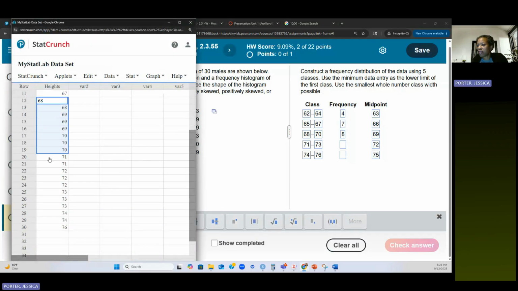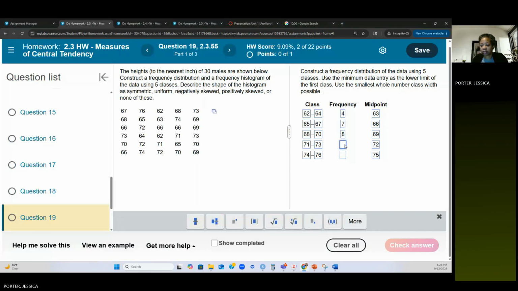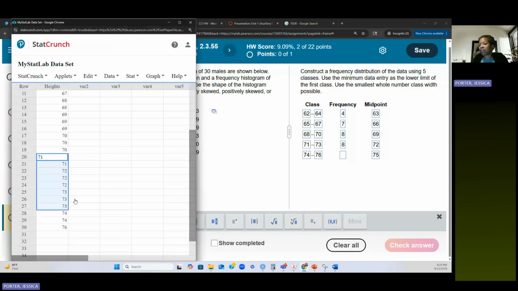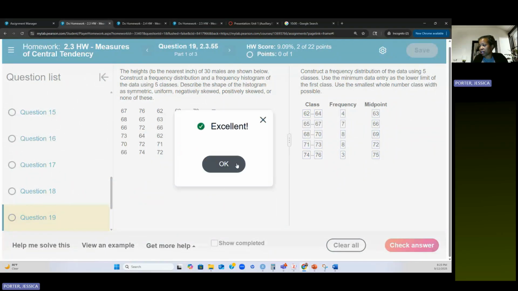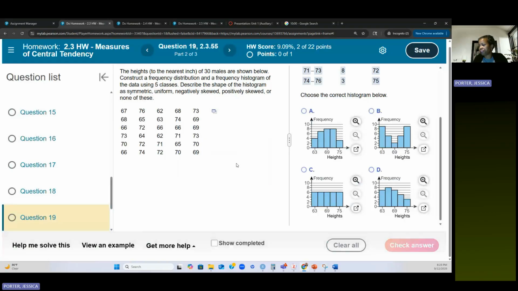Then 71 to 73, 8 again. And then 74 to 76 is just 3. Fingers crossed, all that is correct. Let's check it. Okay. All right.